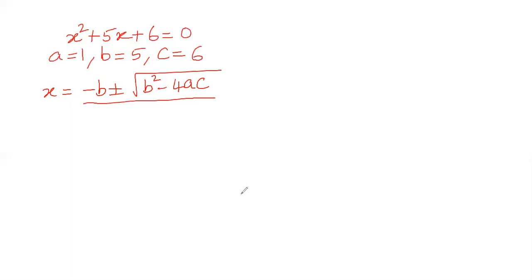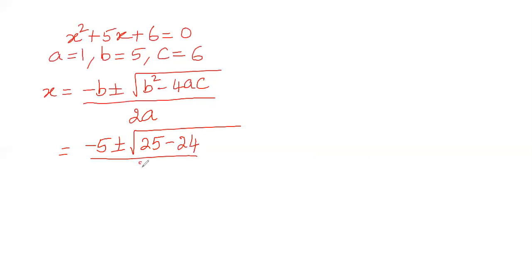If the roots are equal, you can see that both will be equal. So divided by 2a. So you have to write down negative 5 plus or minus square root of b squared. B squared is what? 5 squared, which is 25, minus 4 times a times c. So 4 times 1 times 6, which is 24, divided by 2 times 1.